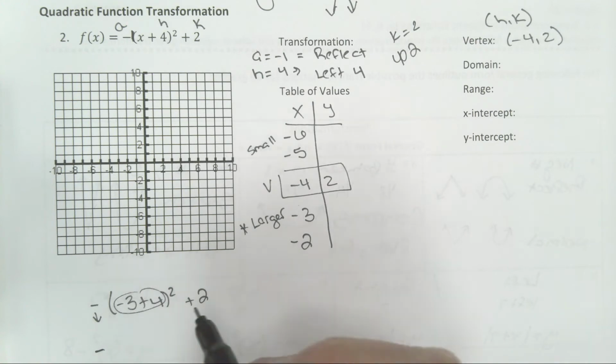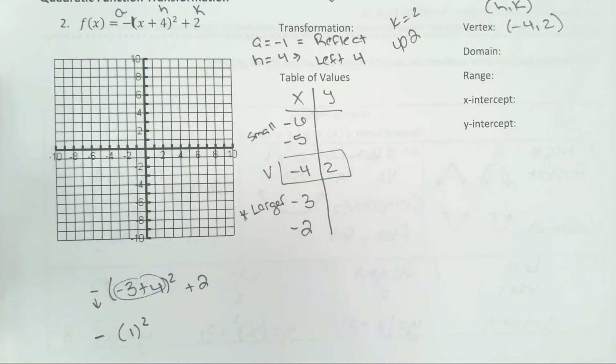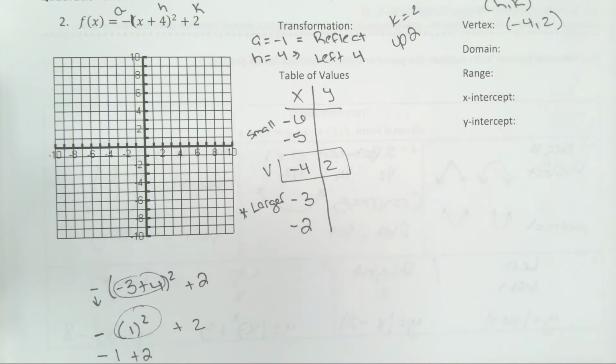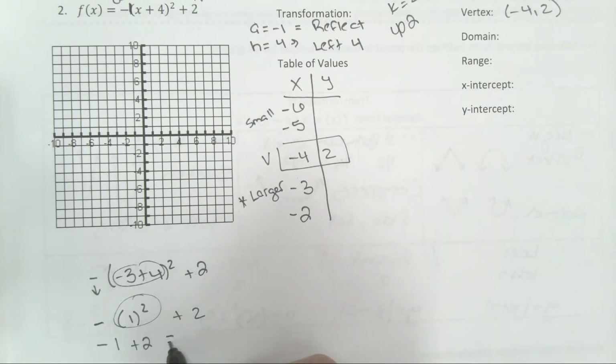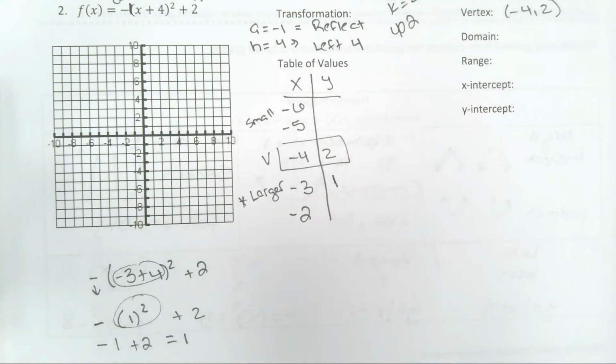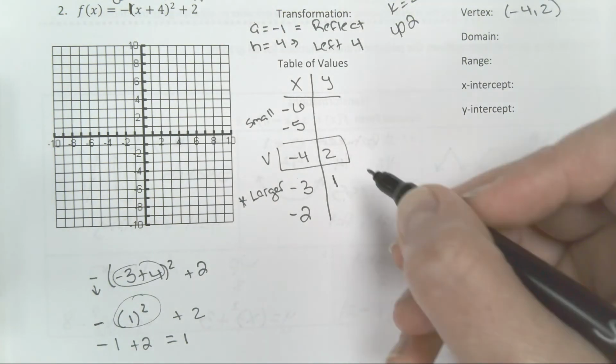Order of operations says you've got to do the math inside those absolute value symbols. You've got to square it before you change the sign. So 1 squared is still 1. So that's how I end up with -1 plus 2, which equals 1. So when x is -3, y is 1.